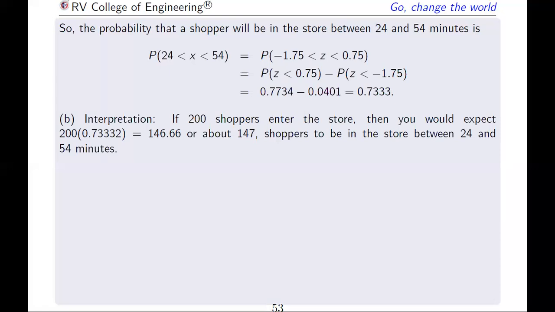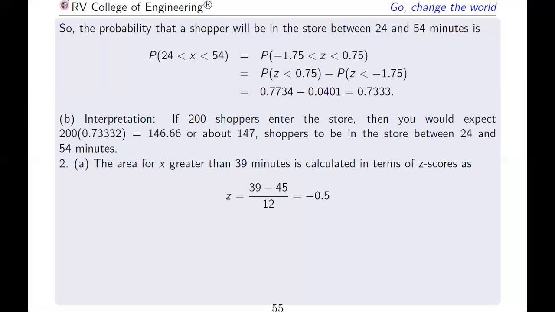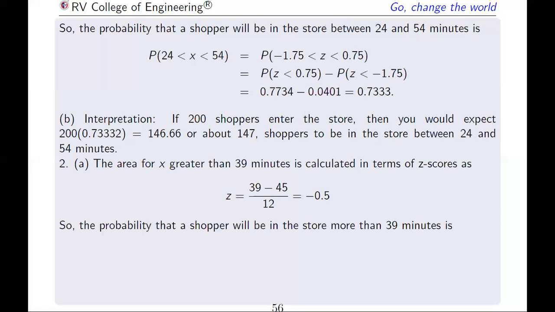The second part of the problem is, what is the probability that a shopper stays when x is greater than 39 minutes? So probability of x greater than 39 minutes is transformed in terms of z by the following. So the probability that a shopper will be in the store more than 39 minutes is probability of x greater than 39, which is the same as probability of z greater than minus 0.5.